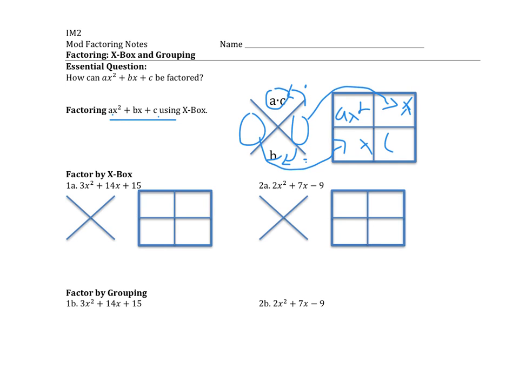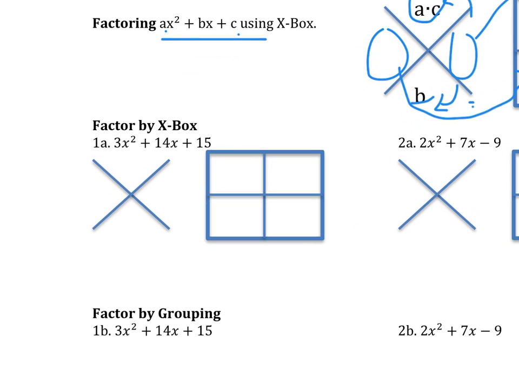So let's look at 1a here. So my a and c multiply together, 3 times 15 is 45, and then 14 goes on bottom. So what things multiply to 45 and add to 14? If you're stuck, you can start writing stuff out.